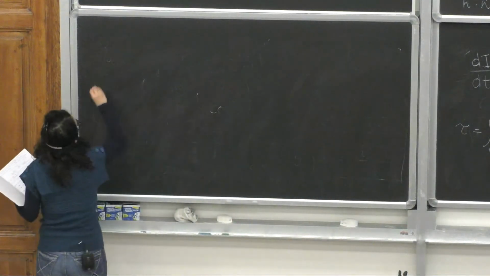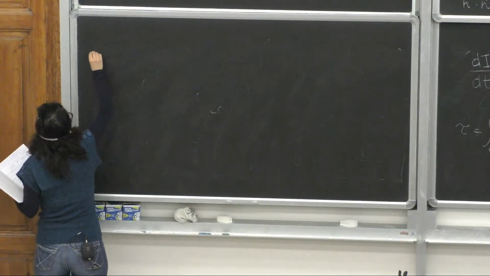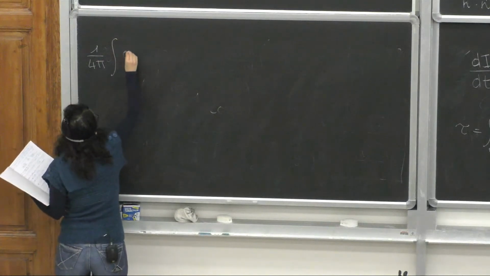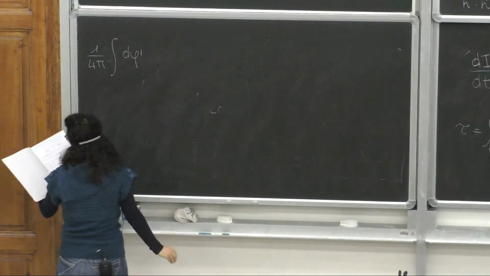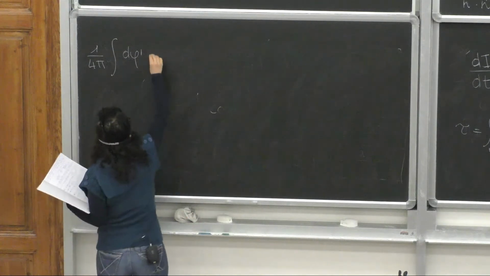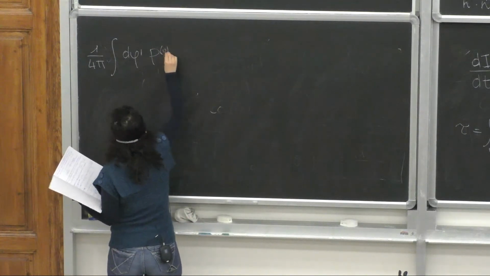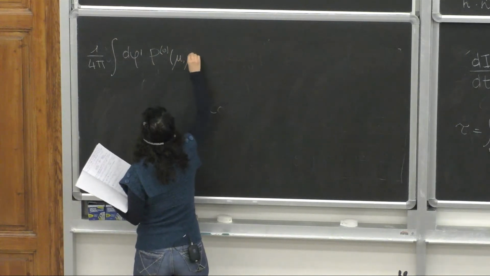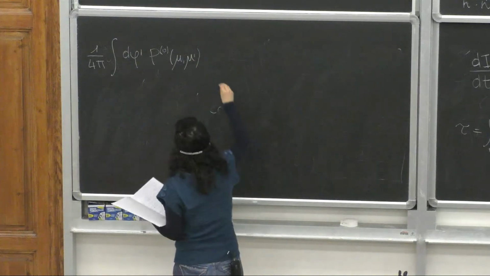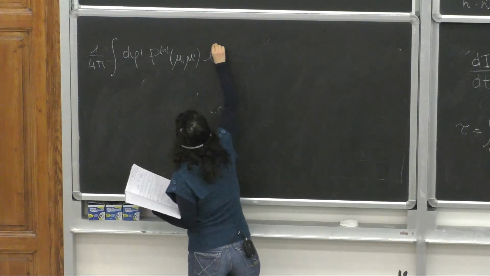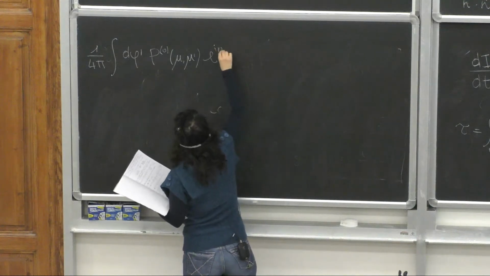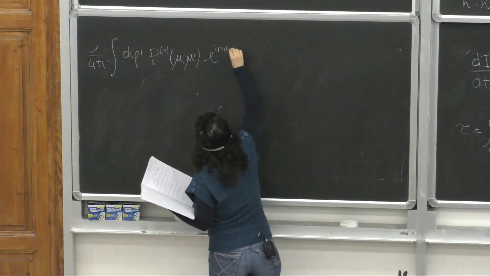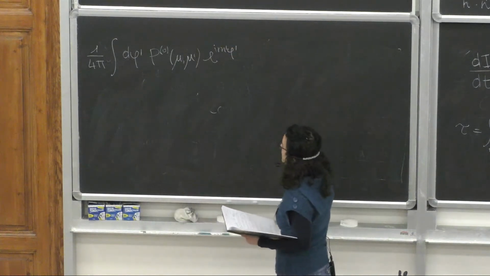We can consider, for example, the integral over phi prime of the first term of the scattering matrix, so pi 0 of mu, mu prime, integrated with a factor which is e to the i m prime phi prime.